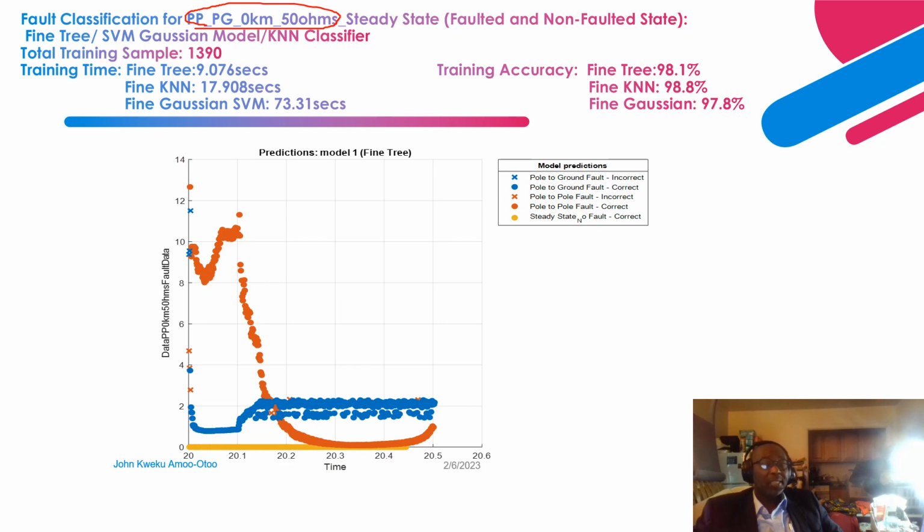And the same for pole to ground fault at the same location and same arcing resistance. Then we've added the non-faulted state, which is the steady state operation. Our goal is to distinguish between a faulted state and a non-faulted state.